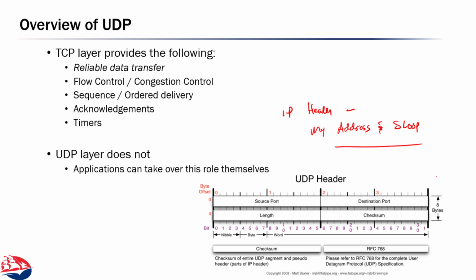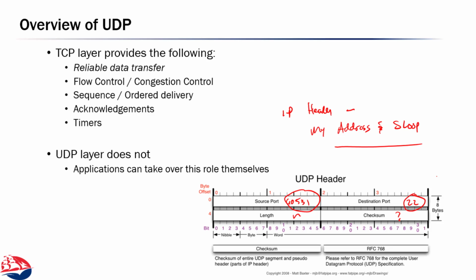But then for my computer to talk to Sloop over SSH, I'm going to have some randomly assigned port number, and then we're going to pick port 22. Then I send a message of some length n and a checksum. It's this destination port and the source port that we can use to uniquely identify an application talking to another application. This is a big part of transport layer operation, connecting different applications.